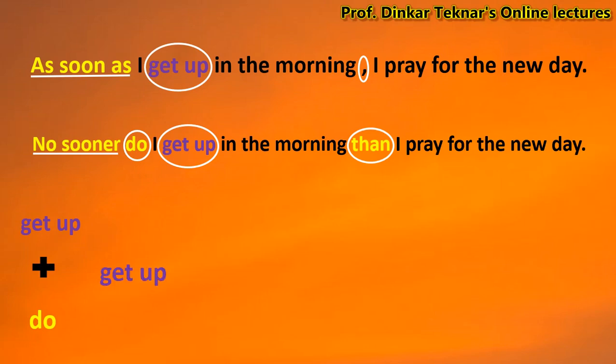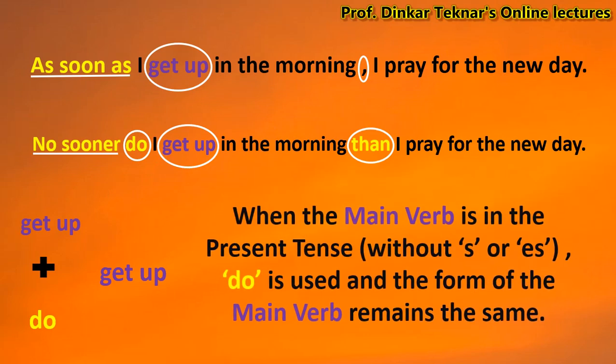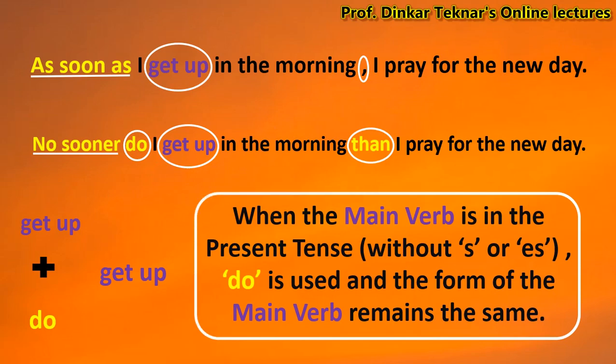This means when the main verb is in present tense without s or es, the auxiliary verb do is used and the main verb remains unchanged. So the rule is, when the main verb is in the present tense without s or es, the auxiliary verb do is used and the form of the main verb remains the same.